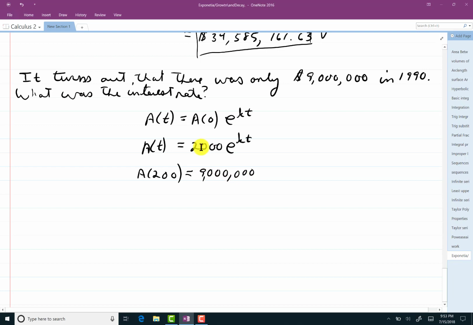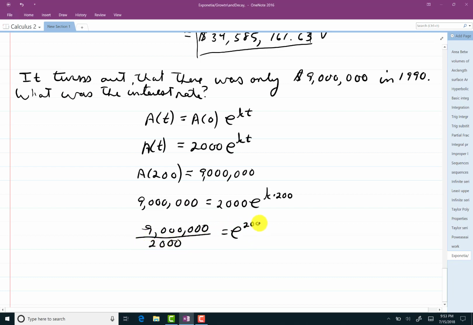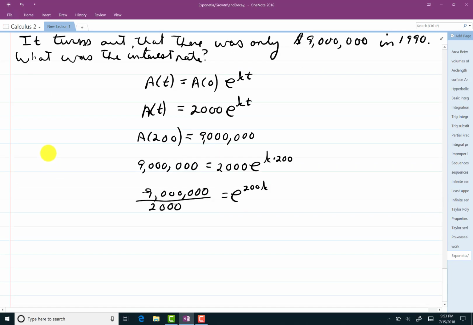So what I can do is plug A of 200 into this equation and set it equal to 9 million. So I'll have 9 million equals 2,000 e to the k times 200. I'll divide by 2,000. I'll rewrite the top as e to the 200k.